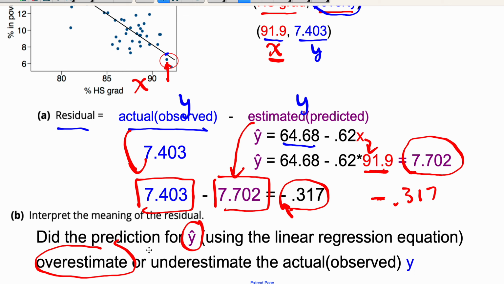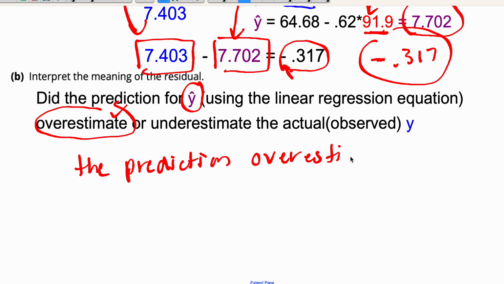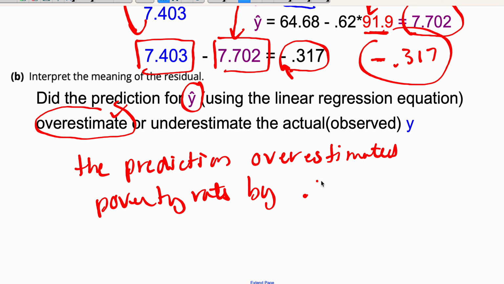Actual minus estimate, so it overestimated. How much did it overestimate? By 0.317. So to interpret that: the prediction overestimated poverty rate by 0.317%.